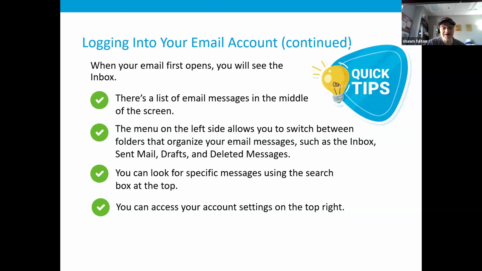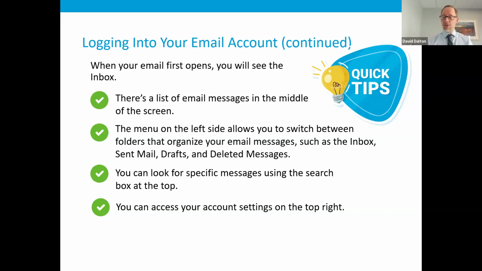The menu on the left side allows you to switch between folders that organize your email messages, such as inbox, sent mail, draft, and deleted messages. You can look at specific messages using the search box at the top. You can access your account settings at the top right.